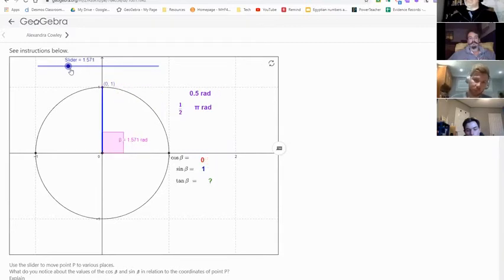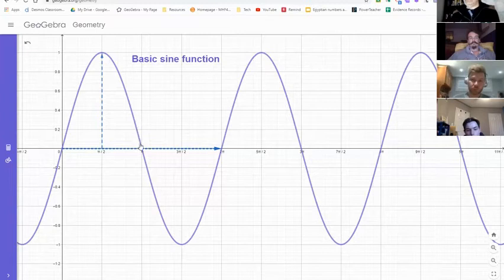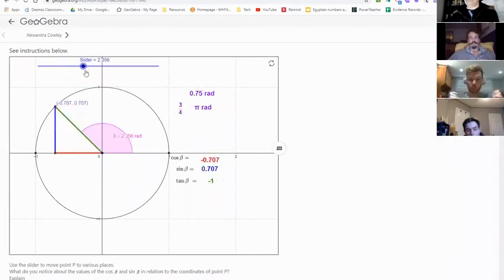It increases until it reaches the value of 1 here, right? When our angle is 90 degrees, or pi over 2, which is this point here. Pi over 2, that is our value. And then it begins to decrease again until it goes to pi, and then it becomes 0 again at pi here. Does that make sense?